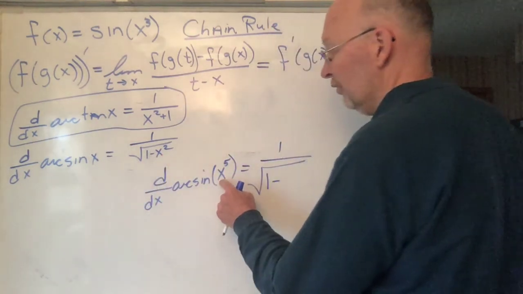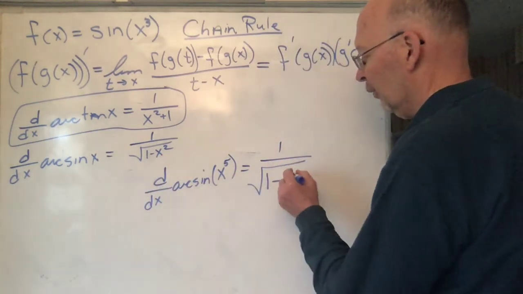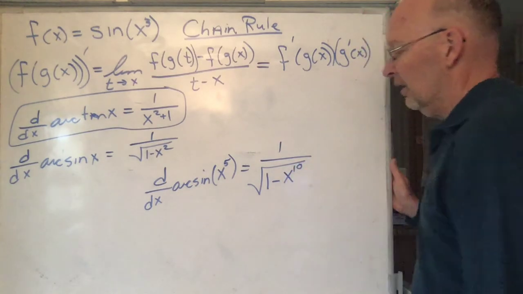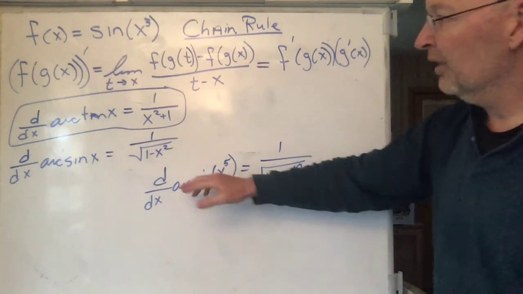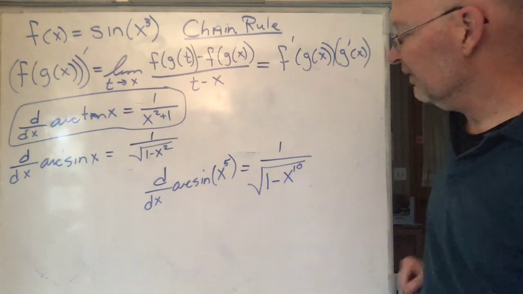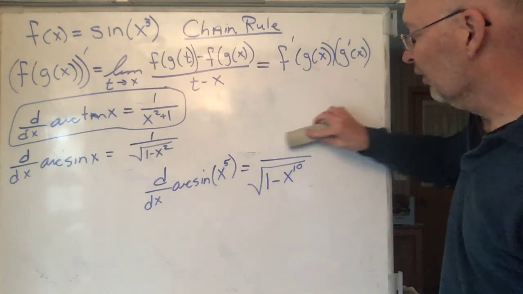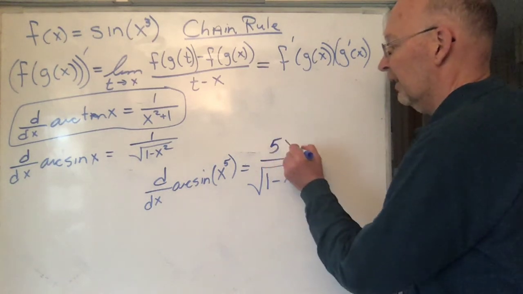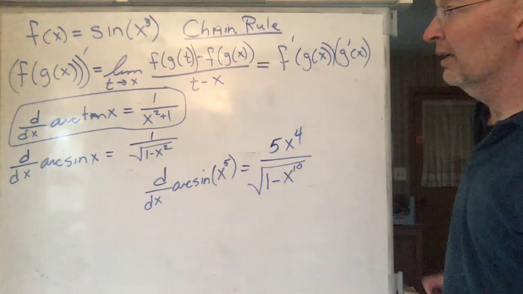So here I have that thing, so I square that. x to the fifth squared is x to the 10th. So I get that. Now that I'm done with the outside, now I ask, what's the derivative of the inside? That's obviously 5x to the 4th. So you multiply it by that, and you're done.